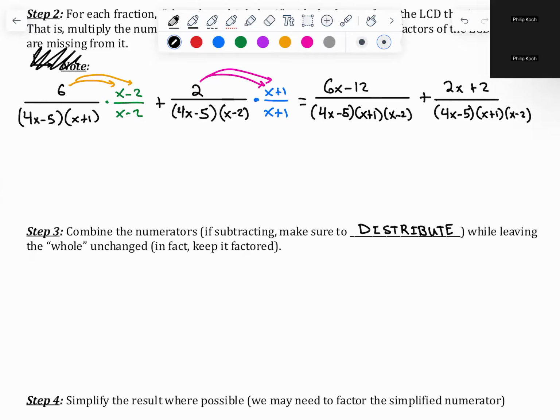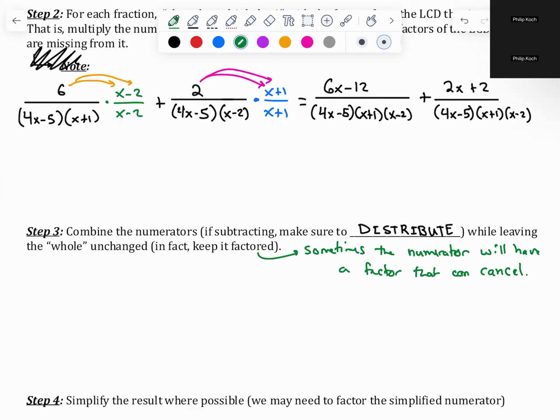There's a reason why. Sometimes the numerator will have a factor that can cancel. So sometimes when these problems do, which this problem will do, I've already prepped it for this situation.